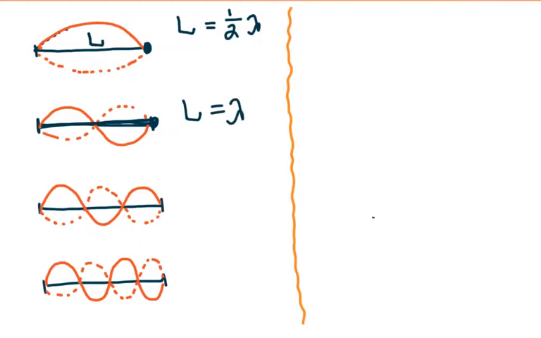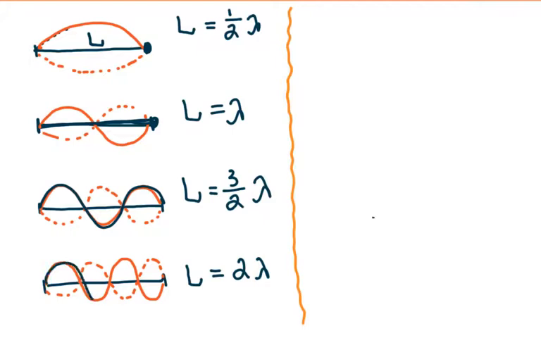And if I look at the third graph, I fit one full wavelength and a half. So I have L is equal to 3/2 wavelengths. And if I look at the last one, L is equal to 2 wavelengths, because you have one wavelength and 2 wavelengths fit in this graph.